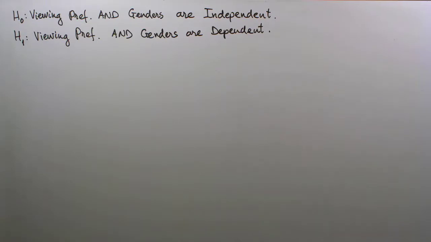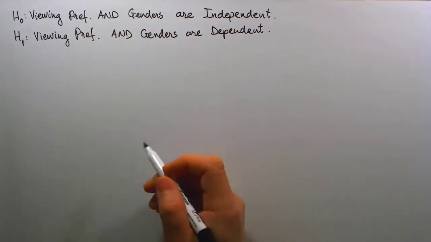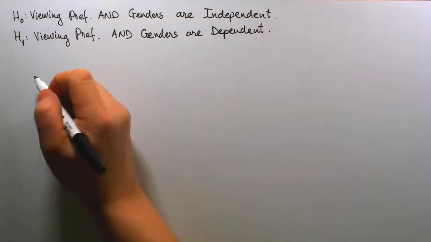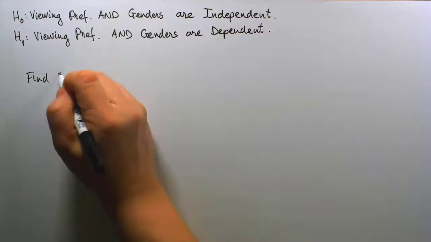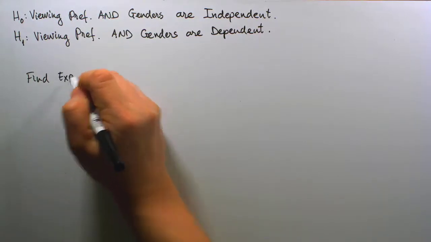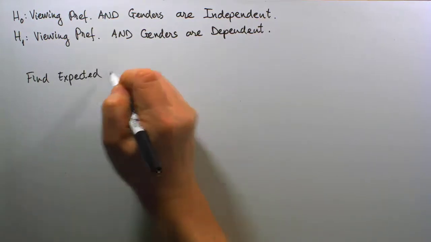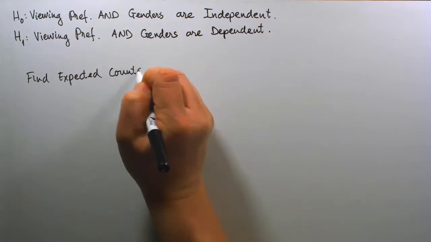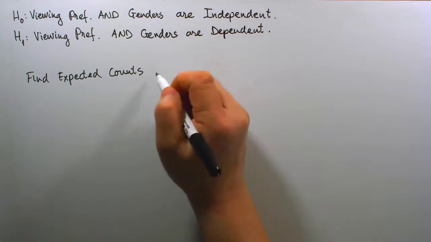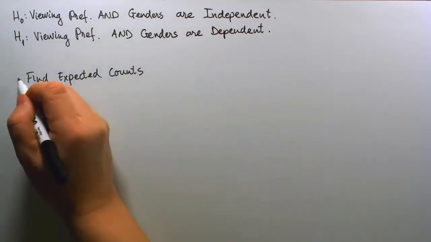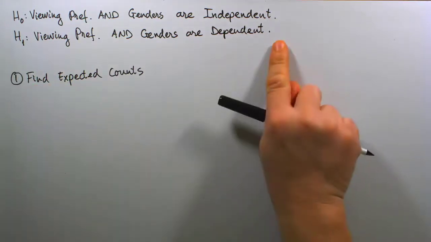After spending a significant amount of time finding the expected counts, now we can formally say that finding all expected counts throughout all entries of our two-way table is going to be our first step in testing this hypothesis.